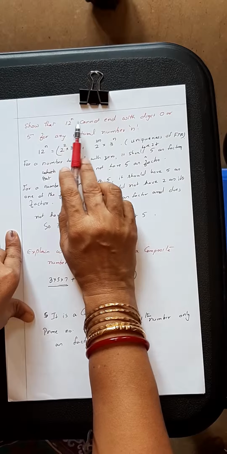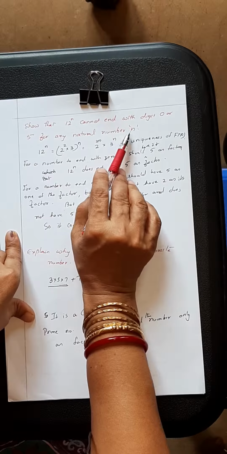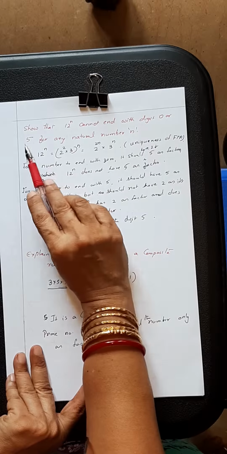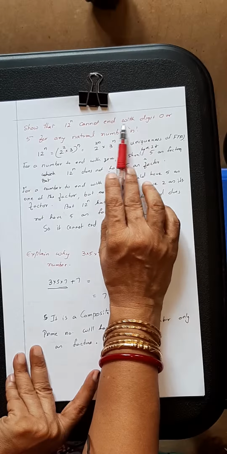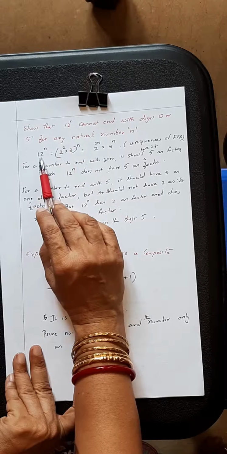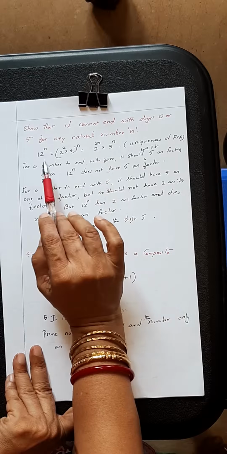Show that 12 to the power of n cannot end with the digit 0 or 5 for any natural number n. It's similar to the previous problem, but here we have to prove it does not end with 5 also. In the previous problem we did only the digit 0. So at first we will factorize this number as a product of prime factors.